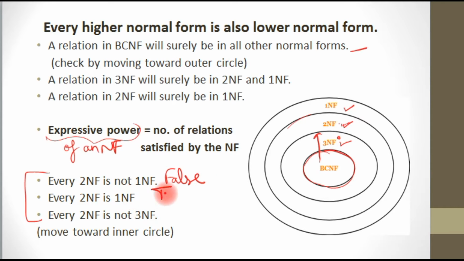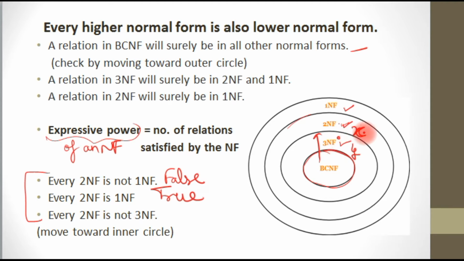This is a true statement. Now check: every 2NF is not 3NF. Yes, it is true, because if a relation is in this area and another relation is in this area, then the relation in 2NF is not in 3NF.